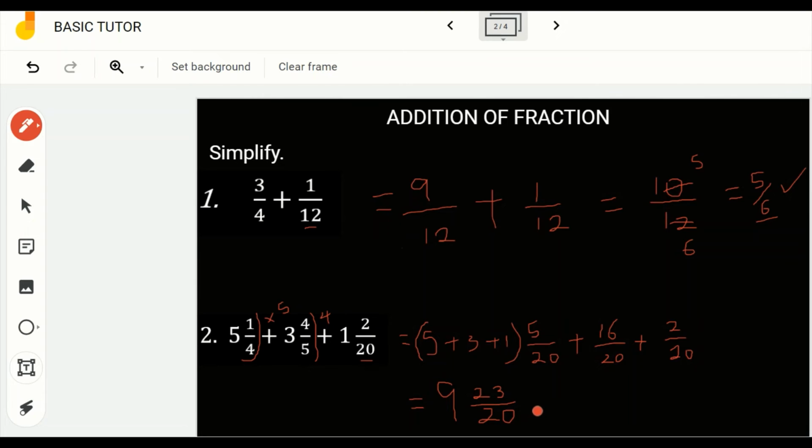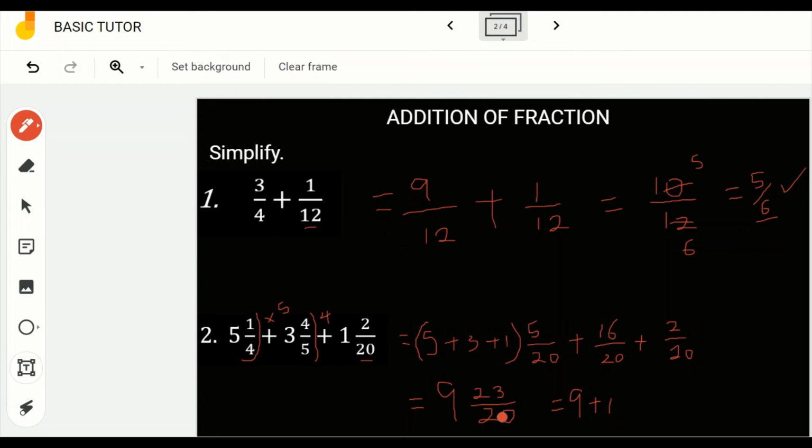Alright, now we cannot leave our answer in this form. We have to convert it to a proper fraction. So we can continue. We have 9. Now we have 23 over 20, so I can do this as 1 plus 3 over 20.